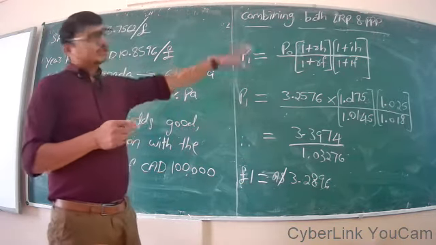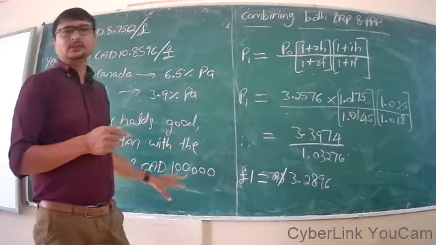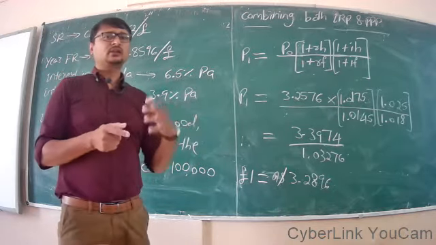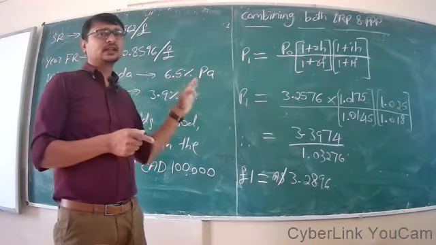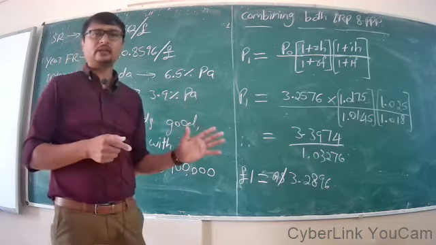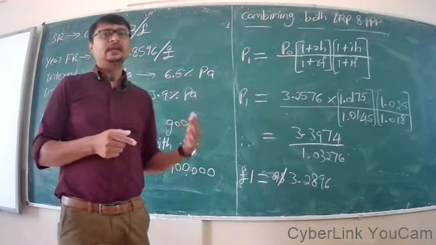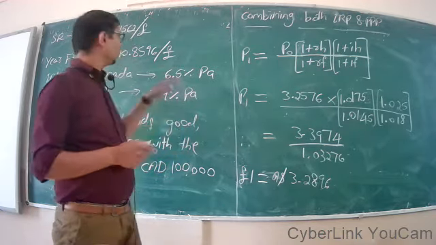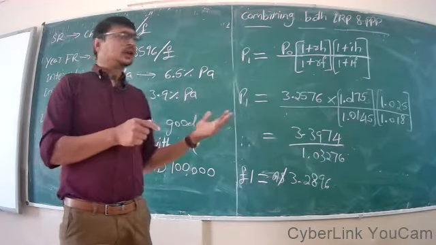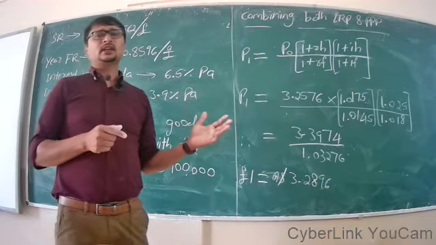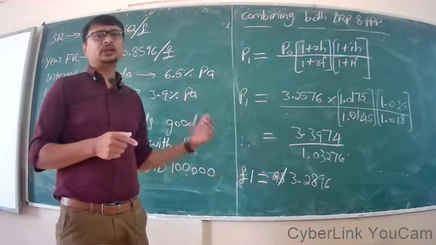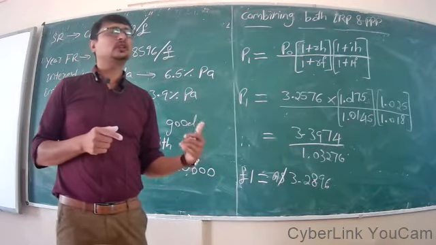Then illustrate by borrowing Canadian dollar 100 lakh in Canada and converting it to UK at the spot rate, depositing there for 1 year at the interest rate of 3.9% per annum, then reconverting it to Canadian dollar at the 1 year forward rate.